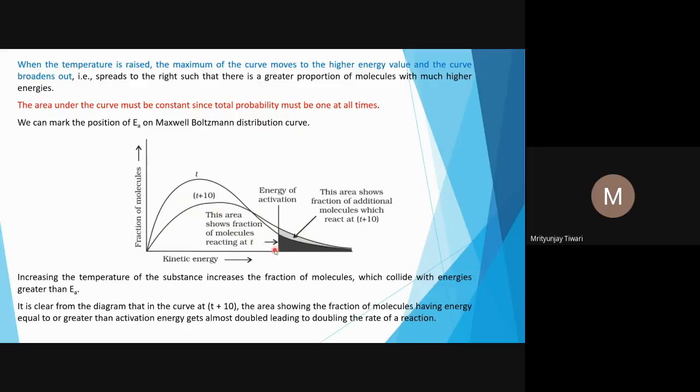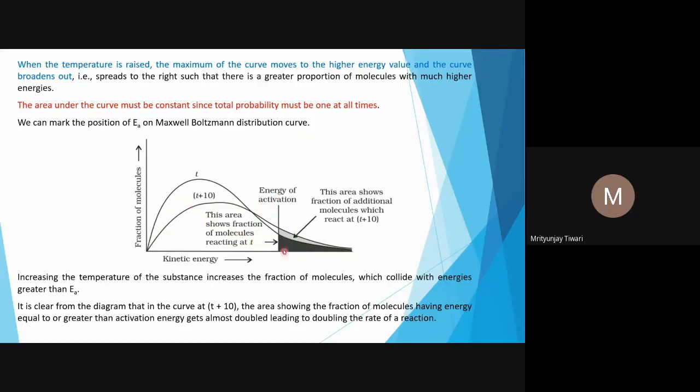In this graph, suppose this was the activation energy for a particular reaction. The molecules initially at temperature T are in this black shaded area. If you take the area under this graph, the black shaded area, this fraction of molecules will undergo chemical reaction because their energy is higher than the activation energy.